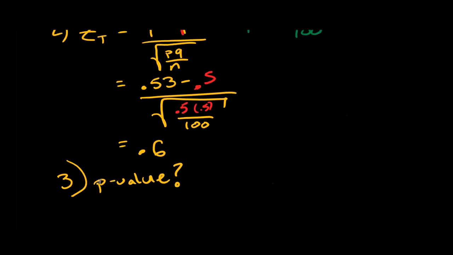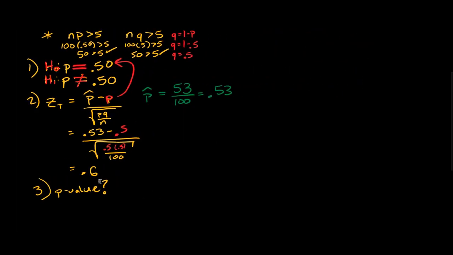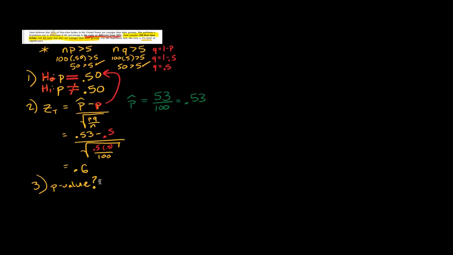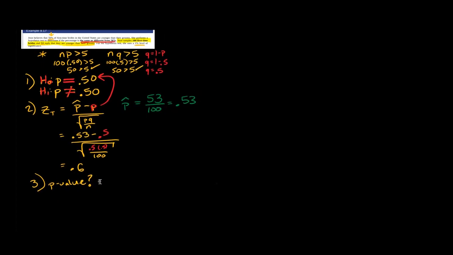The way we calculate our p-value has a lot to do with the way our null and alternative hypotheses are written. This is a two-sided test, whenever you have that not equal in the alternative, you have a two-sided test.